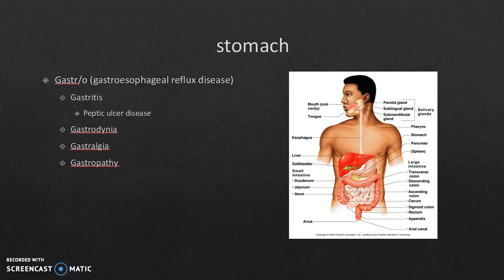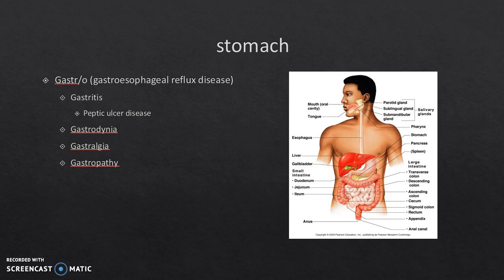Then we come down to the stomach, which is gastro, right? So you have gastroesophageal reflux disease. This is commonly known as GERD, and the layman's term for this is heartburn, right? So, but it's two root words linked together by combining forms, gastroesophageal, and then AL is the suffix, right, pertaining to the stomach and the esophagus, and it's a reflux disease pertaining to that.